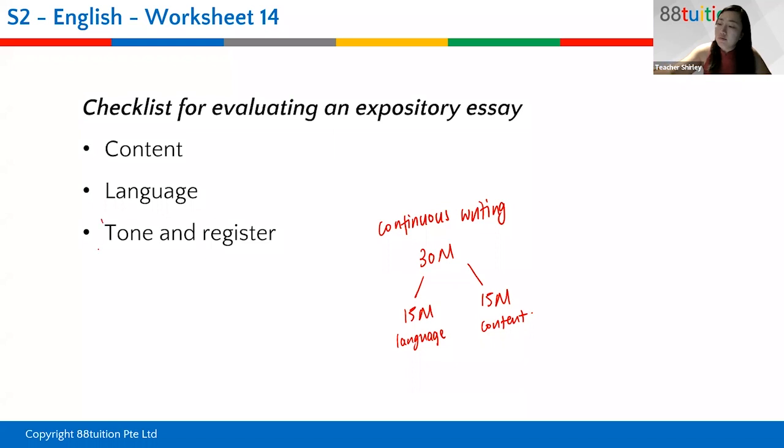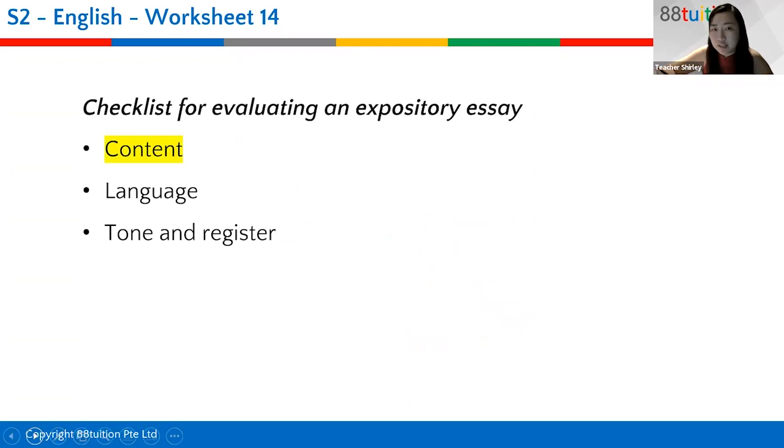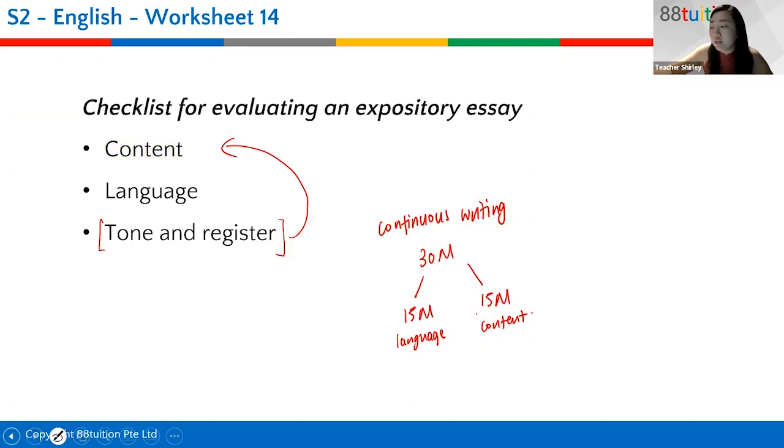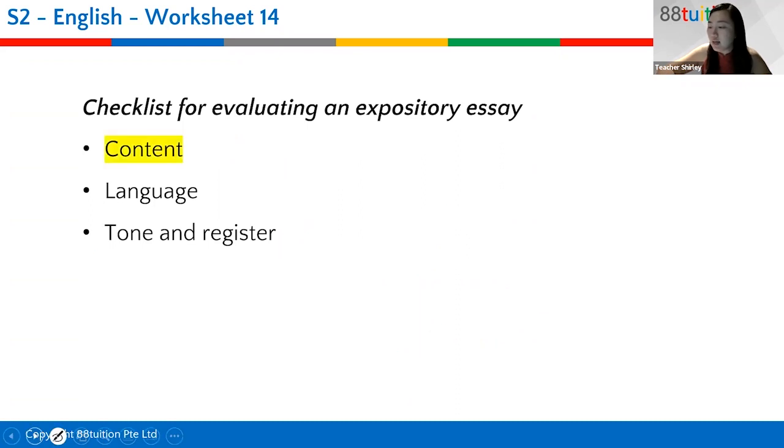Okay. And then we have tone and register here. Actually, tone and register falls under content. Okay, so 15 marks. So what does your teacher look at in terms of content? You might be wondering. So do note that content is actually 15 marks out of 30. Okay, later on I'll share with you the O-level rubrics. Okay, so we'll take a look at these parts first, yeah? Content.